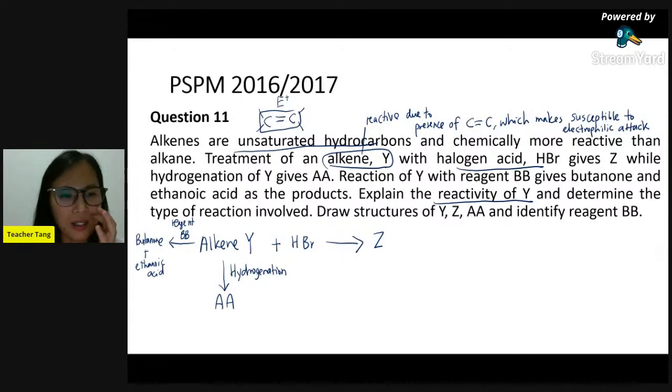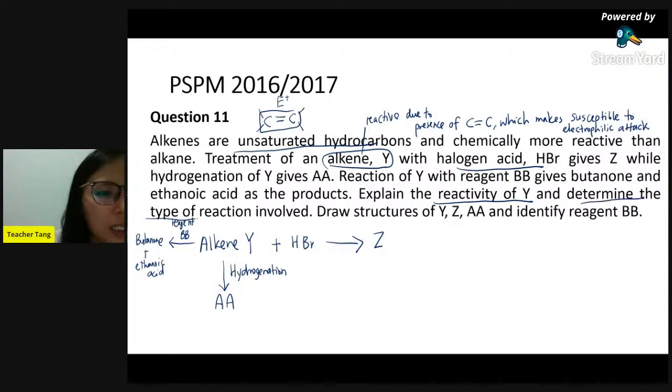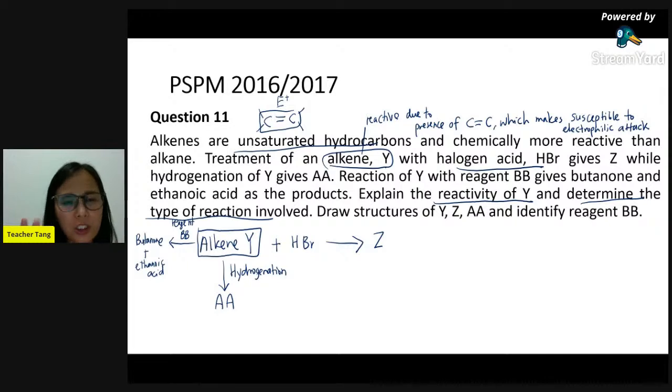And then it asks you to determine the type of reactions involved. This is an alkene. Again, alkene has two types of reaction: oxidative cleavage and electrophilic addition.